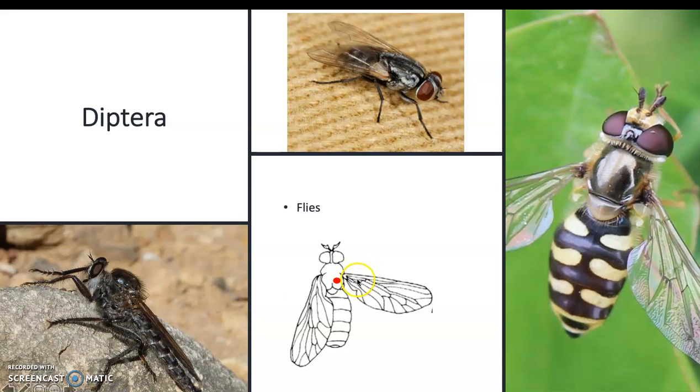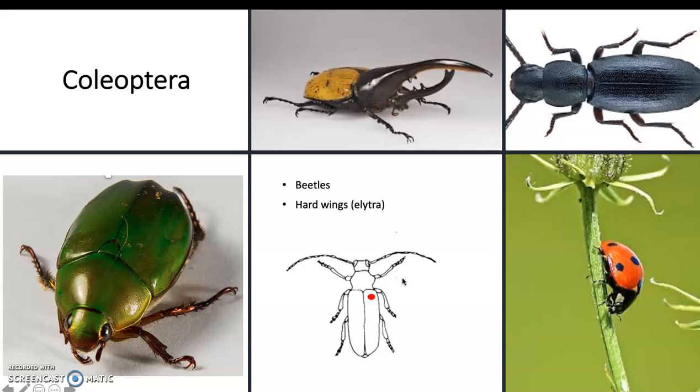The reason we put the pin through the right side and not directly in the center is because flies and bees and wasps and ants, etc., are symmetrical. So we want to be able to leave one side completely untouched and put the pin through the other. Coleoptera are beetles.